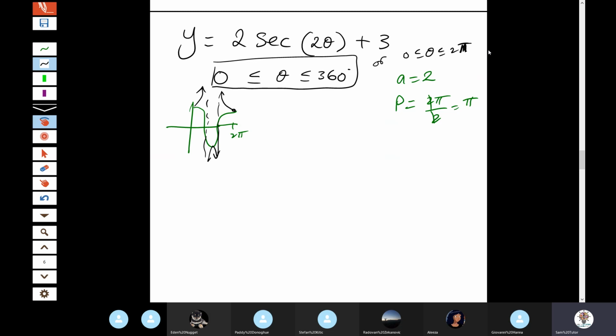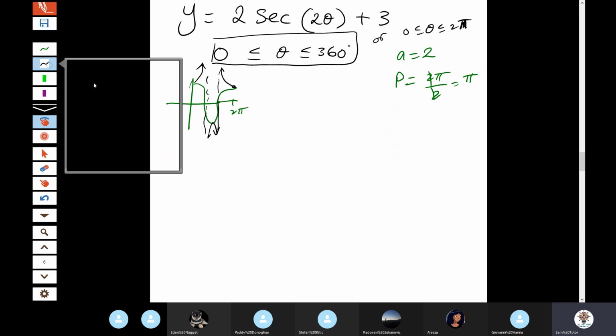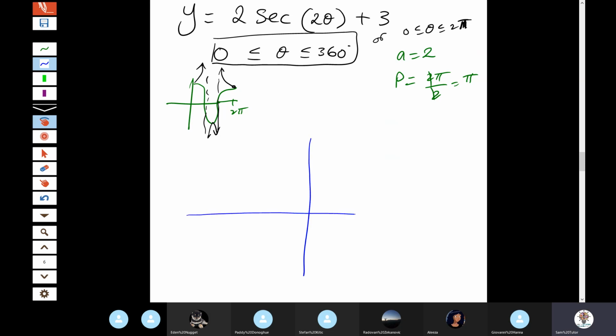Okay. So now that we know what 1 sec looks like, let's see if we can draw it out. So take your time. Let's draw in a different color. Okay, slowly, very slowly. 2 sec 2 theta. I just said that is 1 sec up here in black, and that's just a normal sec of theta.